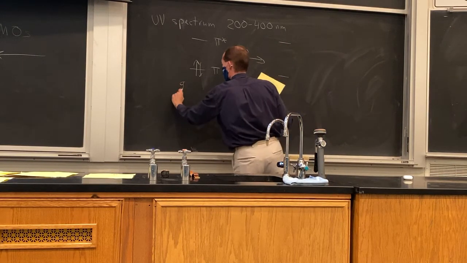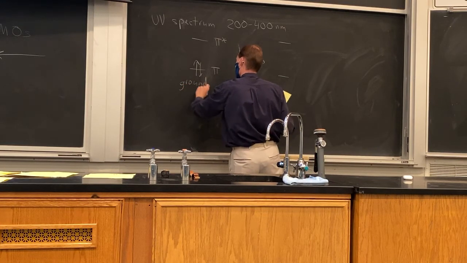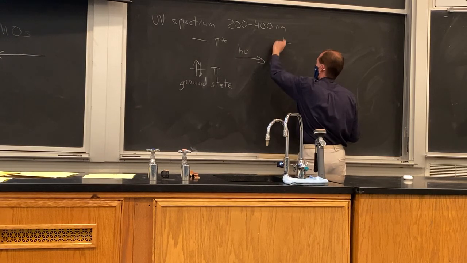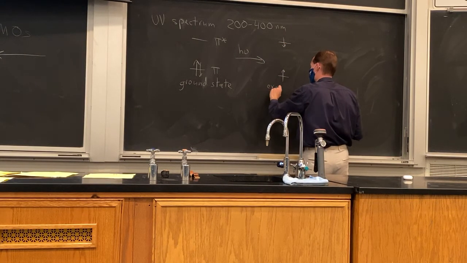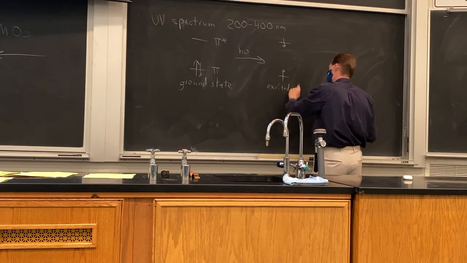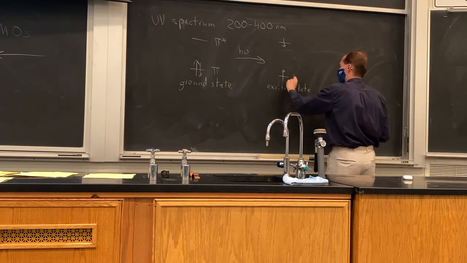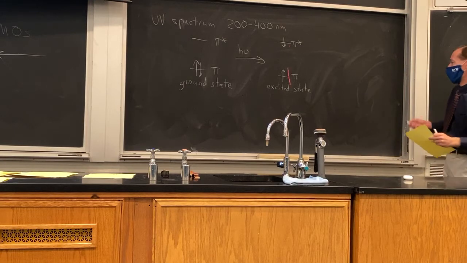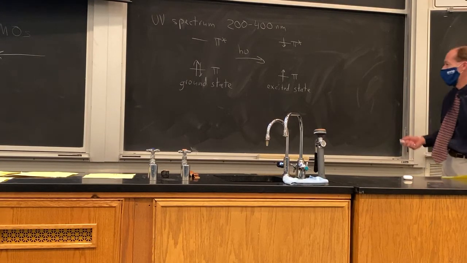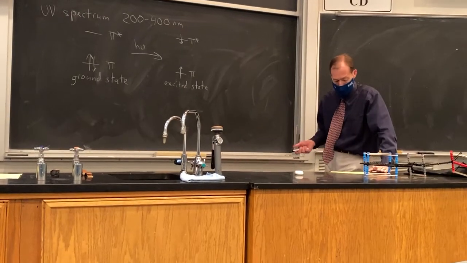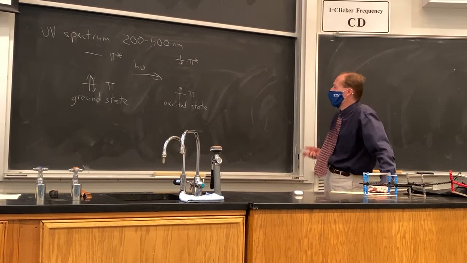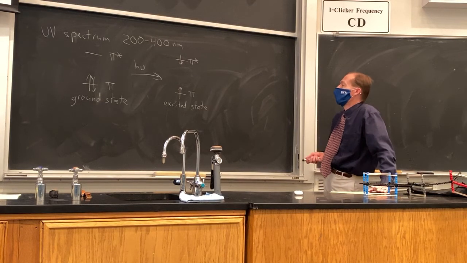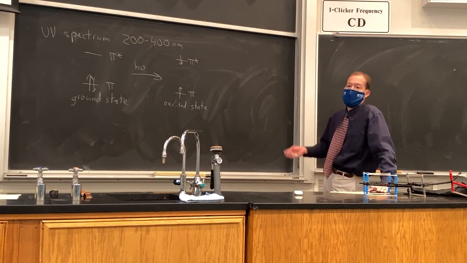So this is our ground state. And then over here, where we have those electrons unpaired, that's going to be our excited state. And then, of course, the molecule would relax back from the excited state down to the ground state later on. But the absorption of the UV light causes promotion of an electron from the HOMO to the LUMO.